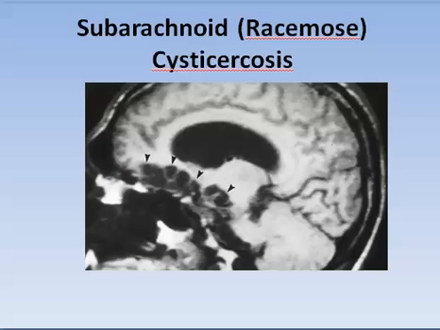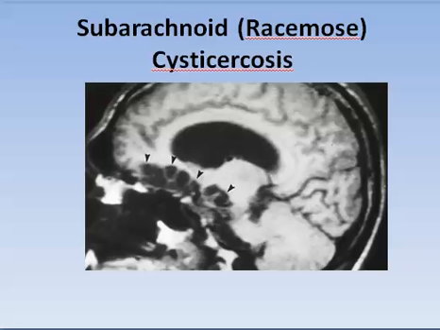Cysticercosis may creep on the meningeal surface, and it is called subarachnoid racemose cysticercosis, and this gives an appearance maybe similar to cryptococcosis, another differential for the creeping cysts along the meninges. Subarachnoid racemose cysticercosis is to be considered in the differential diagnosis of cryptococcus.